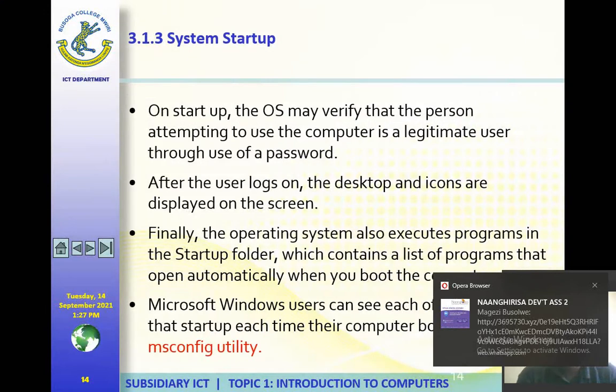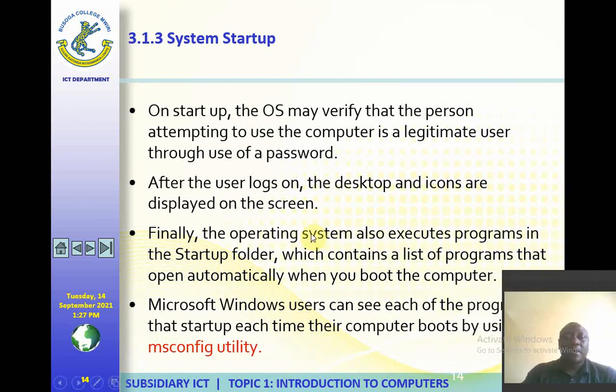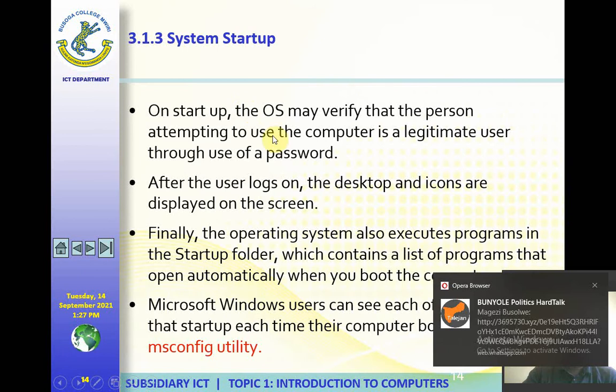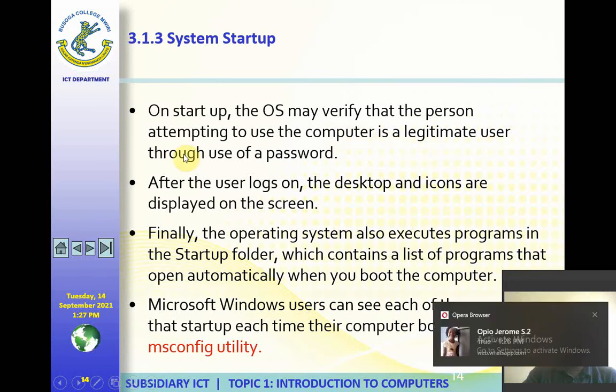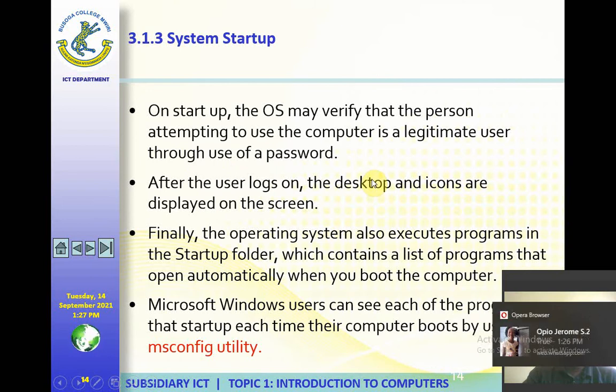As I promised earlier in our previous tutorial, we are going to look at system startup. On system startup, the operating system may verify that the person attempting to use the computer is a legitimate user through the use of what? The password.